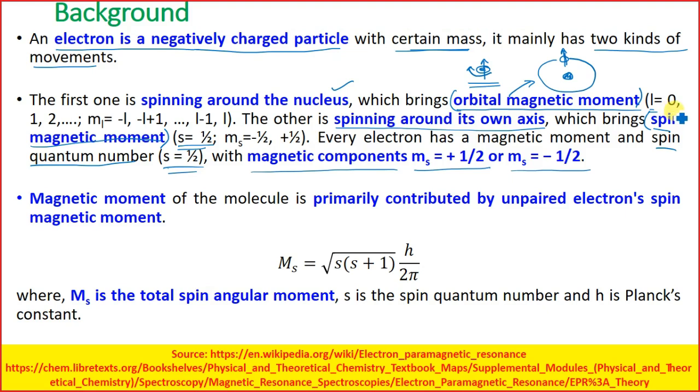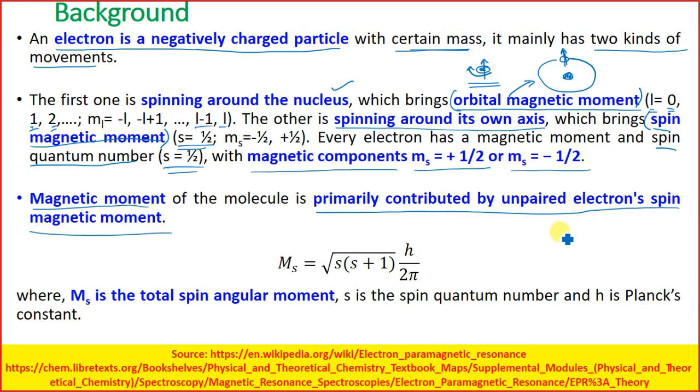The orbital quantum number is equal to 0, 1, 2 and so on. The magnetic components associated with this movement are minus l, minus l plus 1, up to l minus 1, l. The magnetic moment of the molecule is primarily contributed by the unpaired electron's spin magnetic moment.